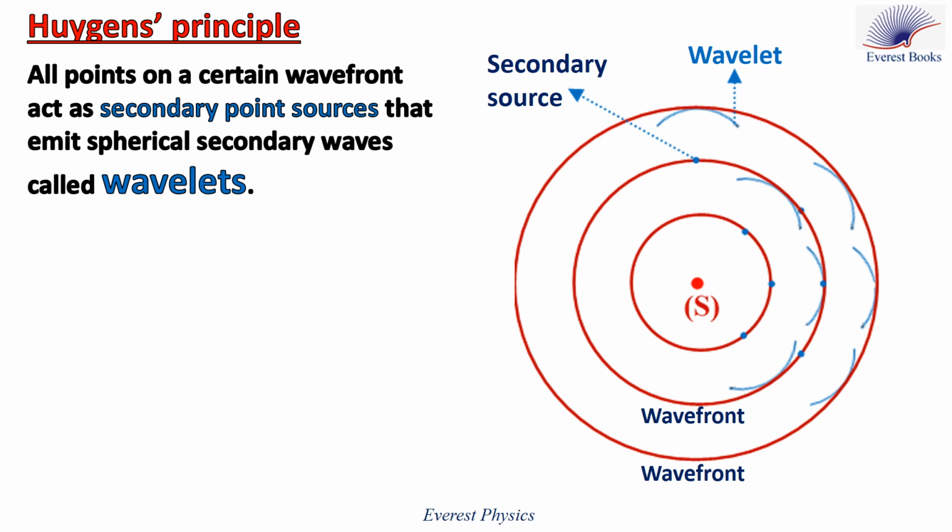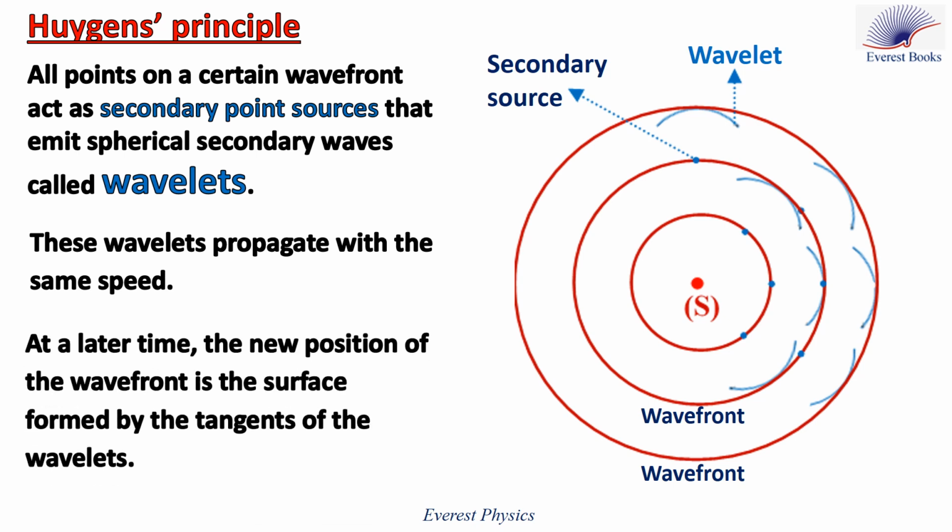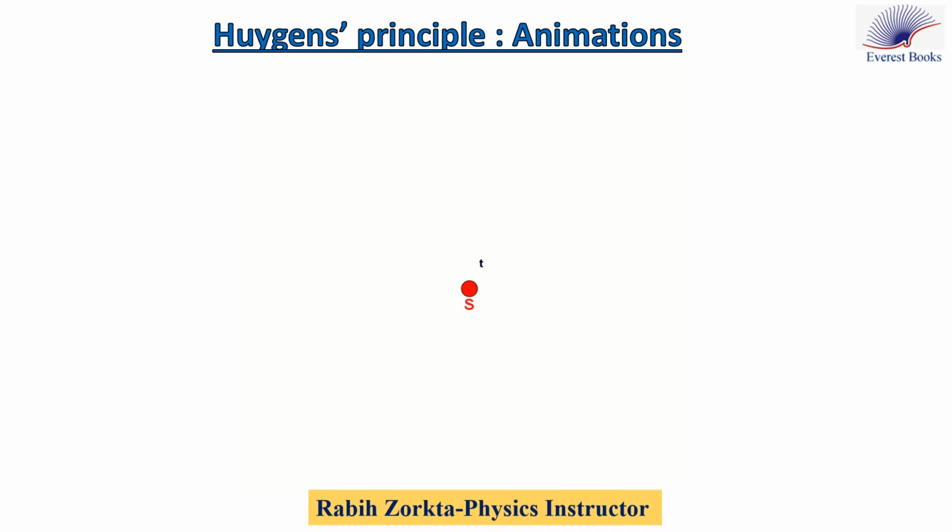In the figure, the blue points are some of the secondary point sources, and the blue arcs are some of the wavelets. These wavelets propagate with the same speed. At a later time, the new position of the wavefront is the surface formed by the tangents of the wavelets. To understand Huygens' principle, watch the two following animations.